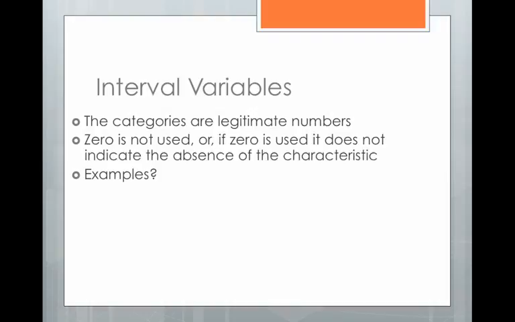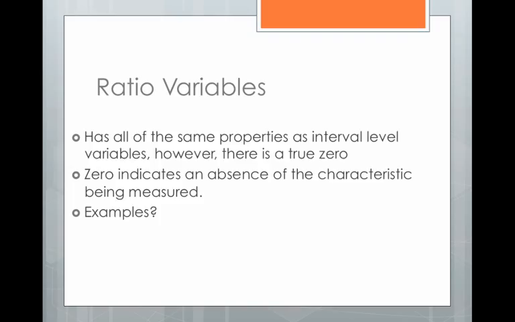There's no absolute 0. So ratio variables have all the same properties as interval level variables, but there is a true 0. And 0 indicates an absence of the characteristic being measured. So what's an example of a ratio level variable? A ratio level variable could be how many brothers and sisters do you have?